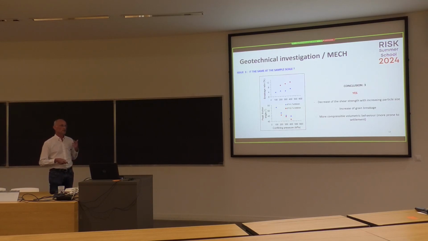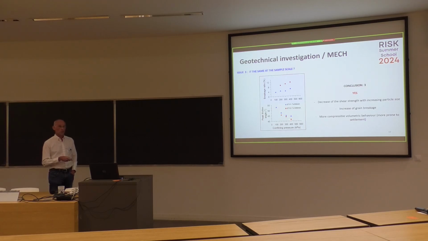This is very important when you design a very, very huge CFRD. You have to extrapolate and take some safety factors to take into account this phenomenon. So what is the cause of the decrease of the friction angle?